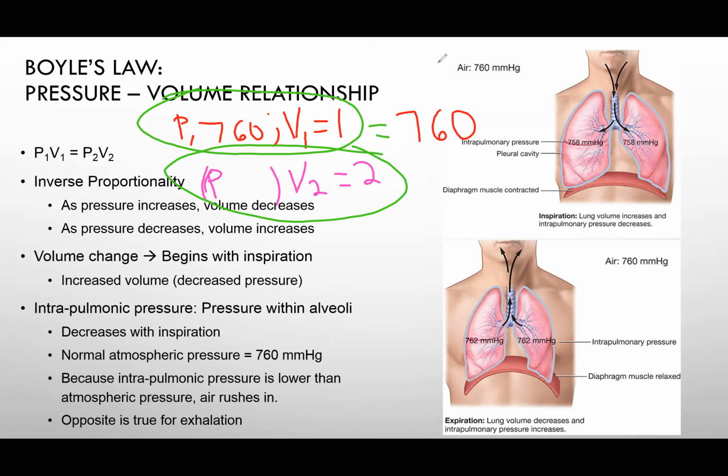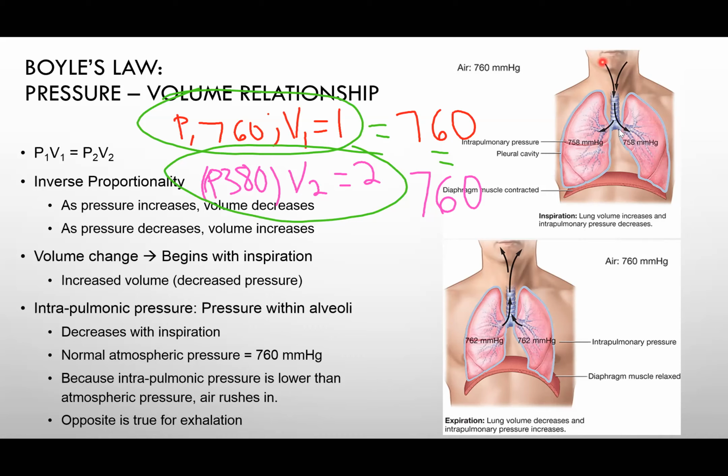So in this case, it needs to be 380 because 380 times 2 is 760, and we want those to be equal to each other. So when we increase the volume, which we do whenever we breathe in, you can see that we decreased the pressure, right?